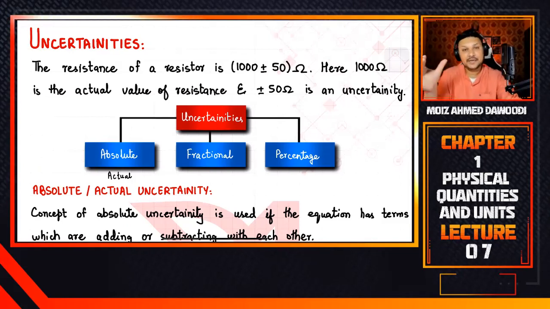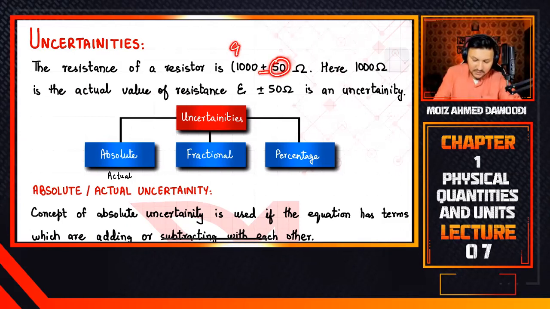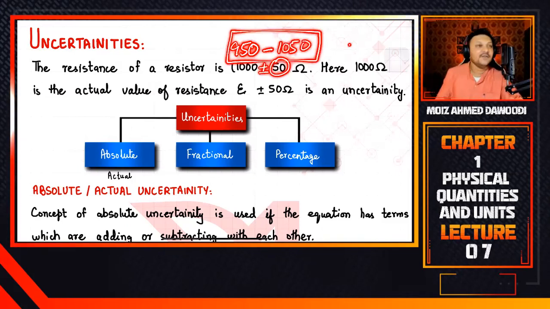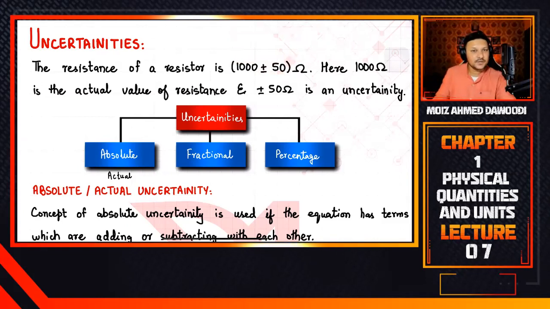That value may differ by a factor of minus 50, meaning 950, or plus 50, meaning 1050. That is, if I measure the resistance of the 1000 ohm resistor, I'll get an answer anywhere in between 950 and 1050. So I'm getting an uncertain answer in the range of minus 50 ohms to plus 50 ohms. Okay? That is what an uncertainty is.